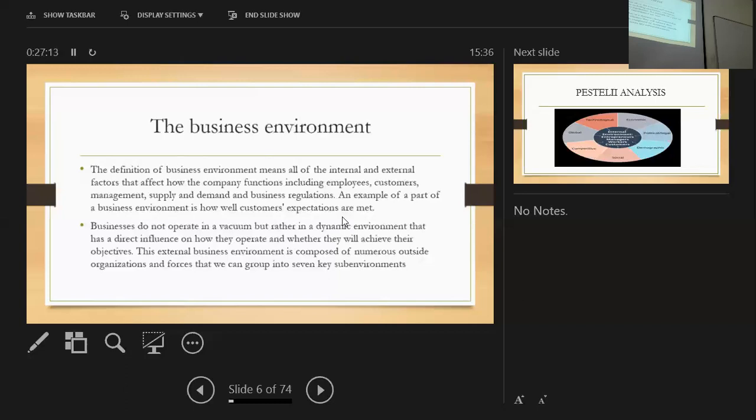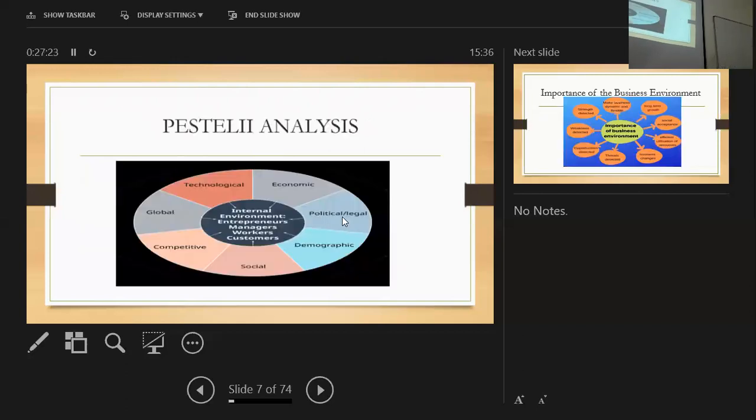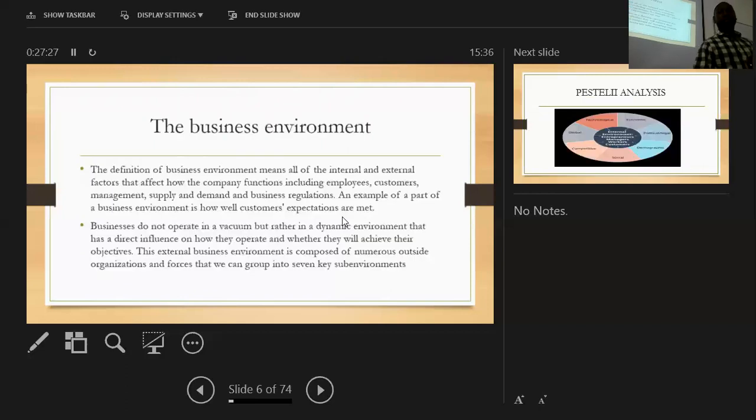But we don't have a control over the external factors. And that's why we look at the analysis to manage our external risks, right? But businesses do not operate in a vacuum, but rather in a dynamic environment.